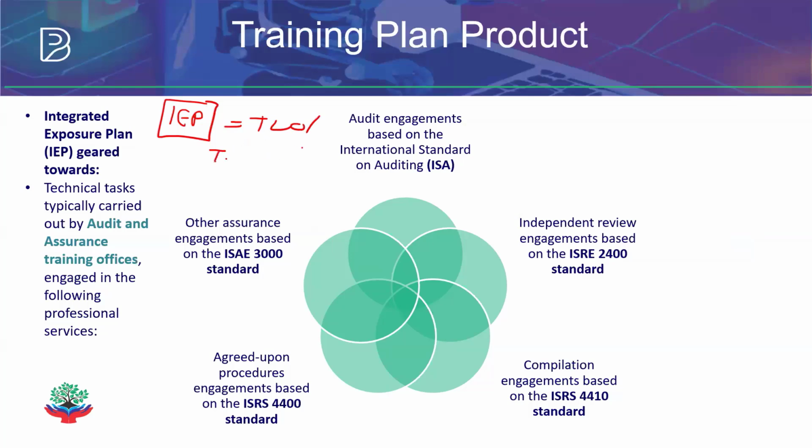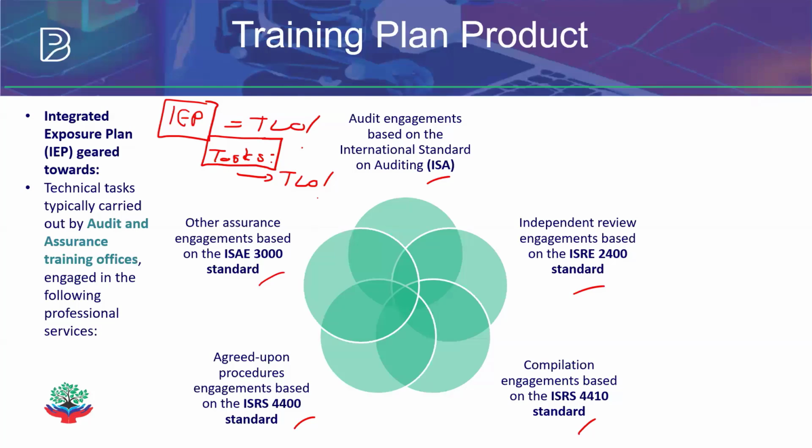This is where we list each of the tasks, and for each of the tasks, you must link them to one or more of the 265 technical learning outcomes. We have documented the tasks as thoroughly as we could so as to align them with the requirements in the ISAs, the review engagement standard, the compilation standard, the agreed upon procedures standard, and finally the other assurance standard, which has to do with when you are doing a trust account audit or something like that.